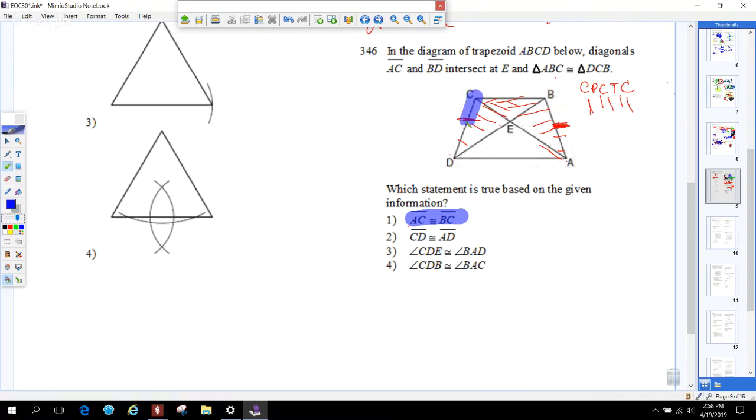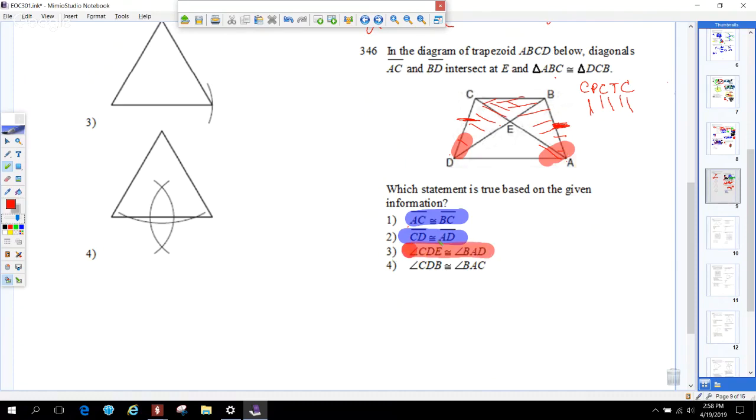CD and AD, again, hopefully you can tell that they're not the same. Then it's got angle CDB, this angle, and angle BAD, which is this entire angle.